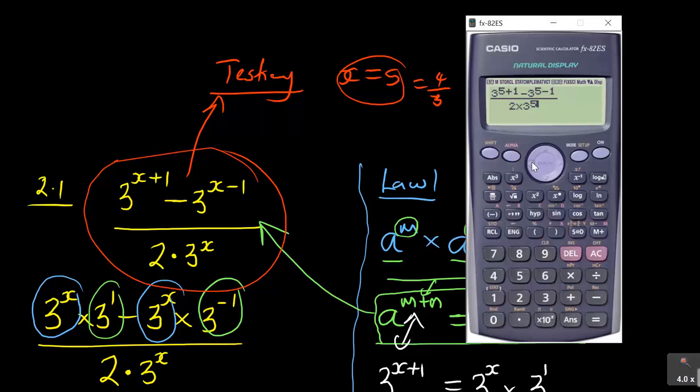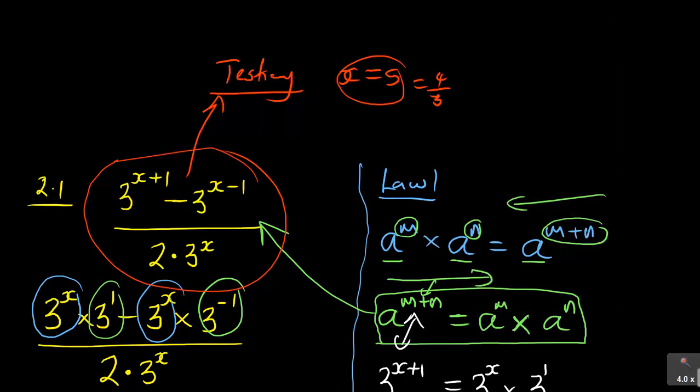It doesn't matter any value of x you choose. I can choose 50 there, and then I can choose down there to have also 50. It might be too big, but still it will give me 4 over 3. So that is how you can test yourself that you are doing the right thing. So that is the first part.